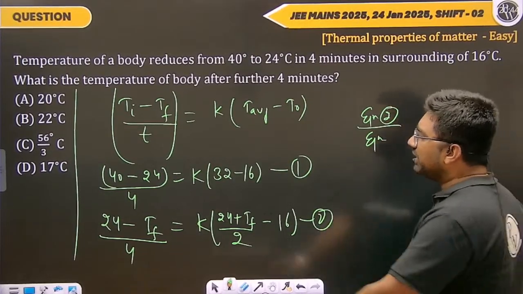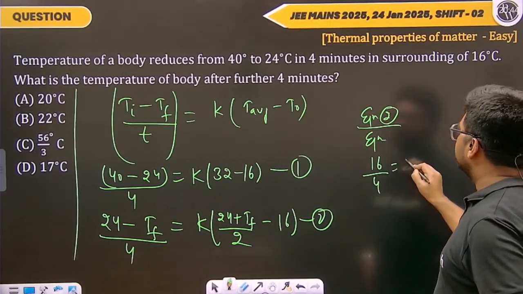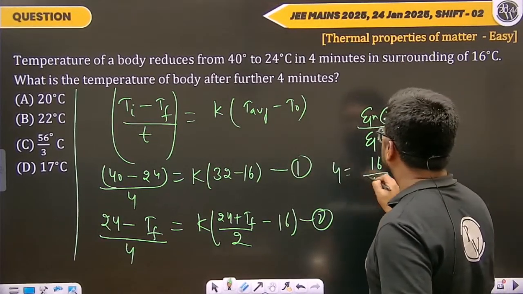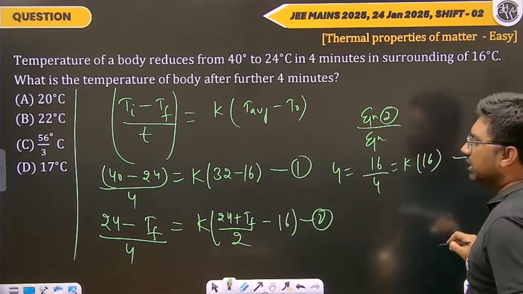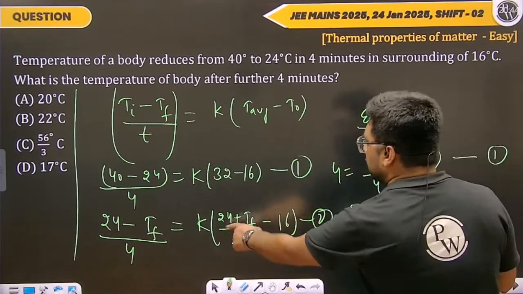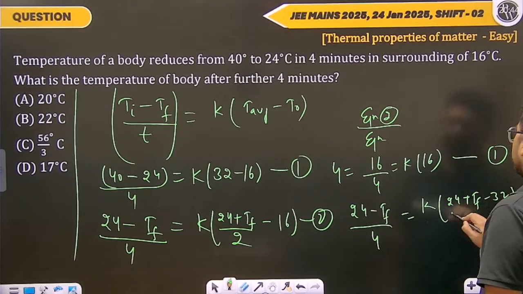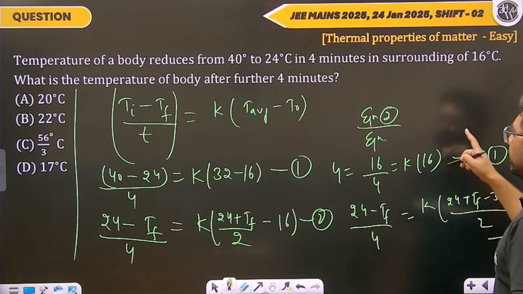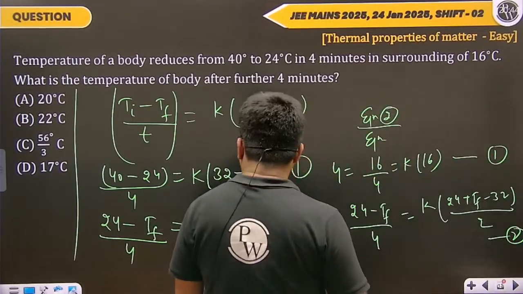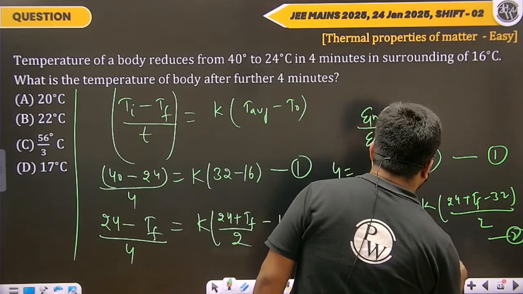After this, we can write 24 minus 16, 16 by 4, and this is K, and this is 16. So it is 4. This is equation number 1, 24 minus TF divided by 4, and this will become K times 24 plus TF minus 32 divided by 2, and this is equation number 2. When we divide 1 and 2, finally we get TF equal to 56 by 3 degrees Celsius.